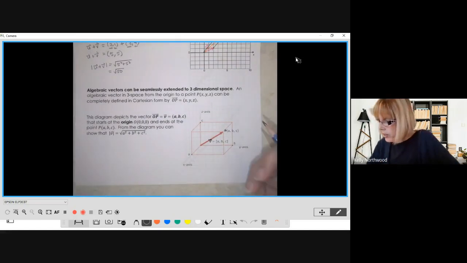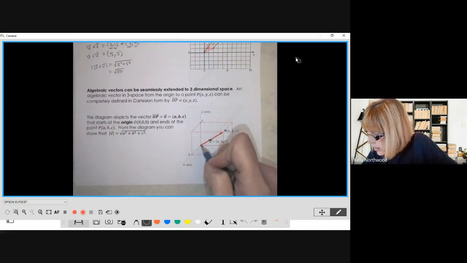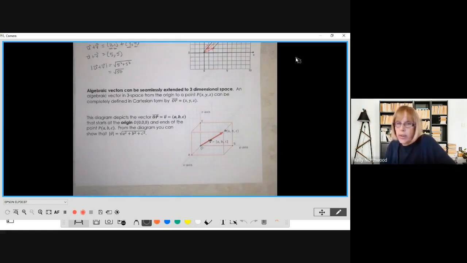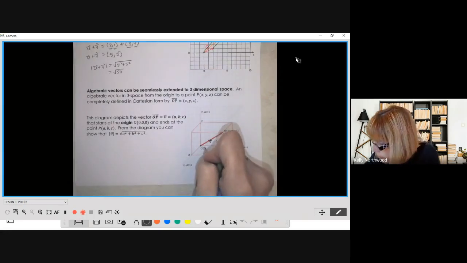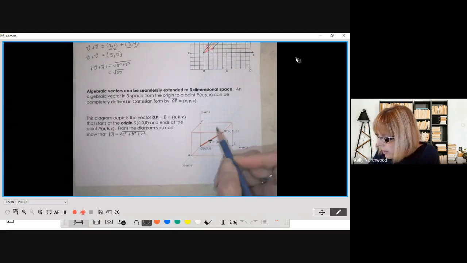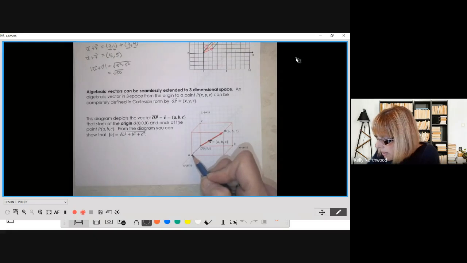So this vector then starts at (0, 0, 0), which is here. So here's my origin, and that's where the x, y, and z axes all intersect. That's the point O(0, 0, 0). And then to get to this point here, I've come a along the positive x-axis. So this distance from here to here is a.